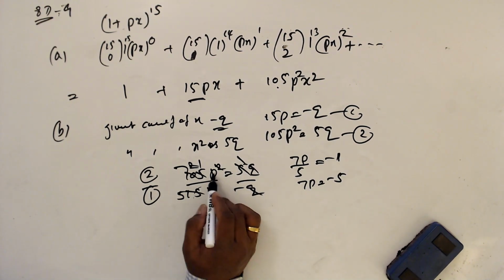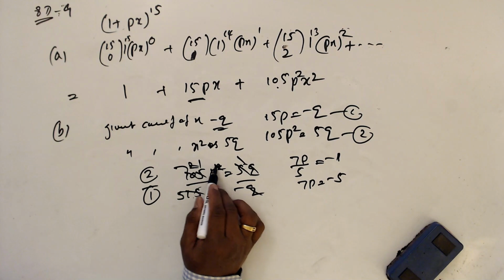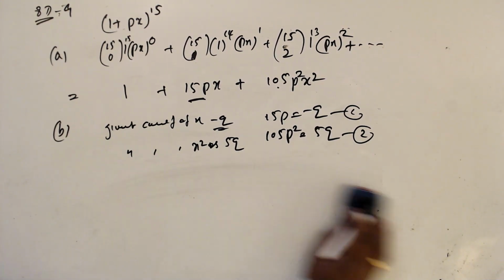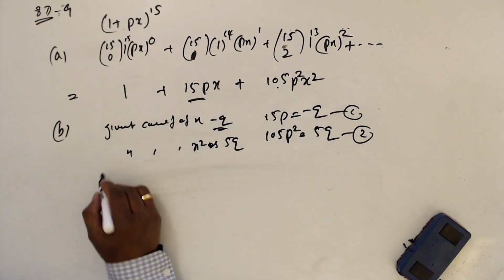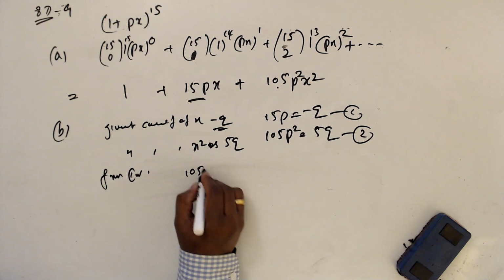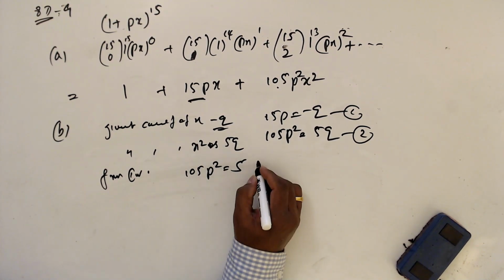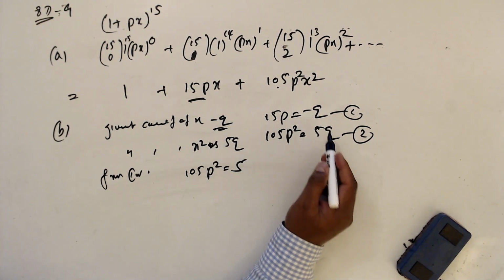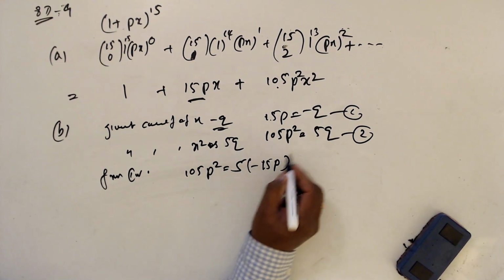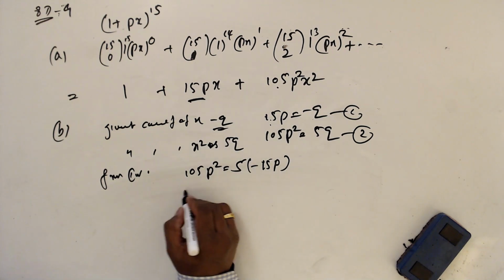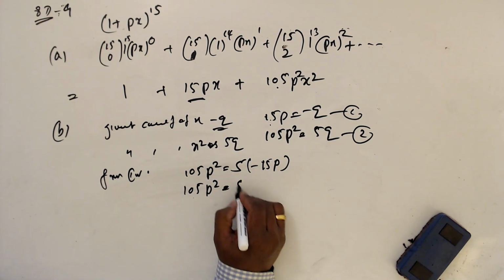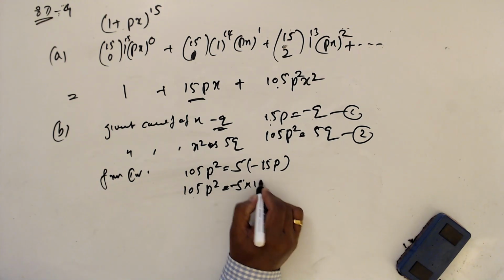Let me deal with it differently because I cancelled out one answer. The best way is to substitute q from 1 and 2. 105p square equals 5 times q. Minus q is equal to 15p, so then 105p square equals 5 times minus 15p.